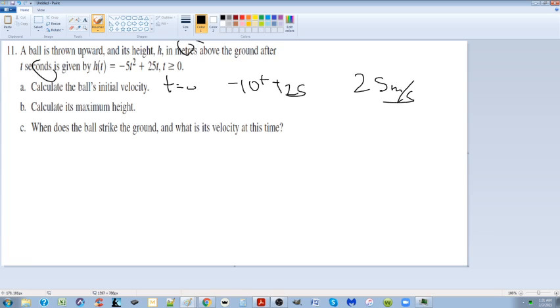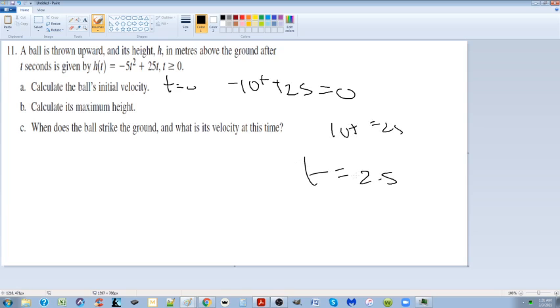Calculate its maximum height. Okay, its maximum height is when this is equal to 0, which means 10t is equal to 25, which means t is equal to 2.5. Plug in 2.5.